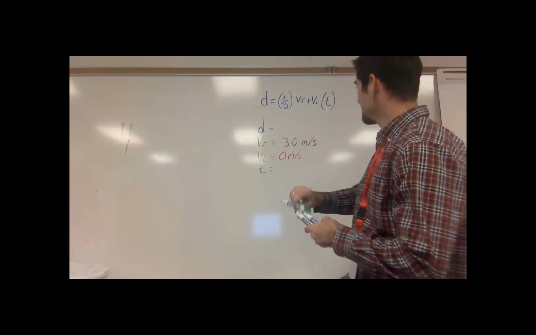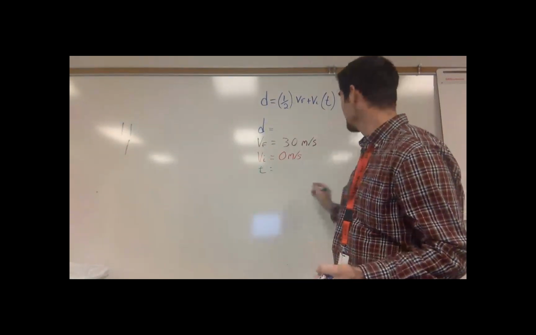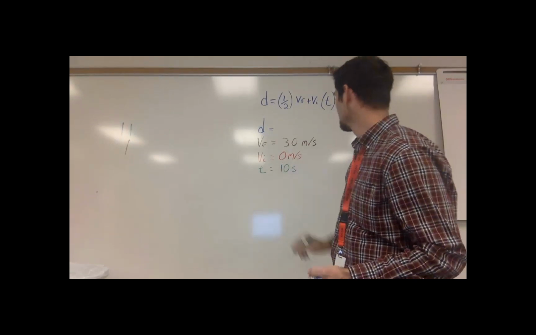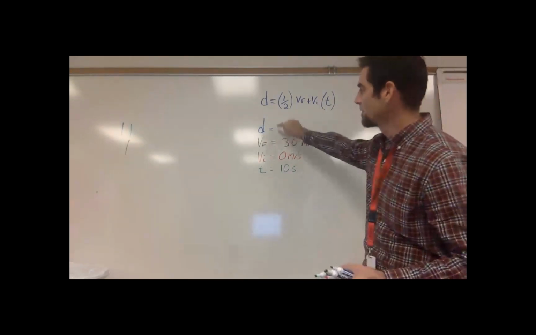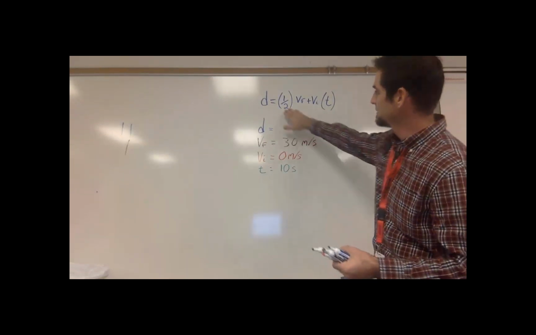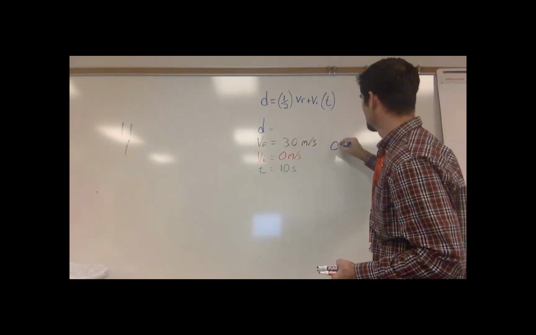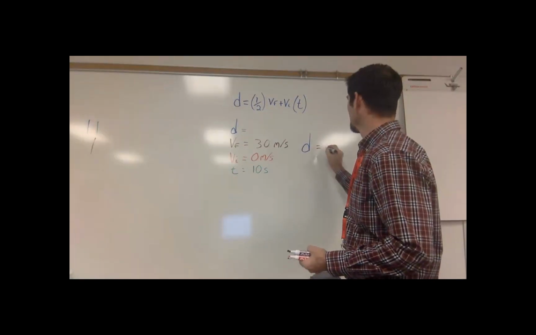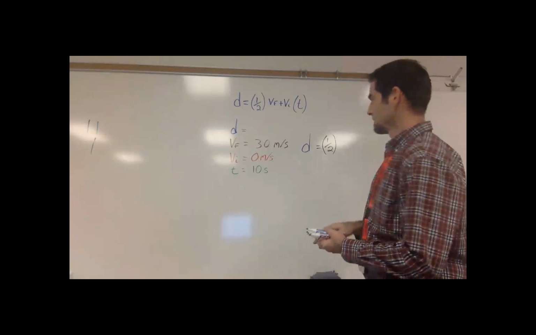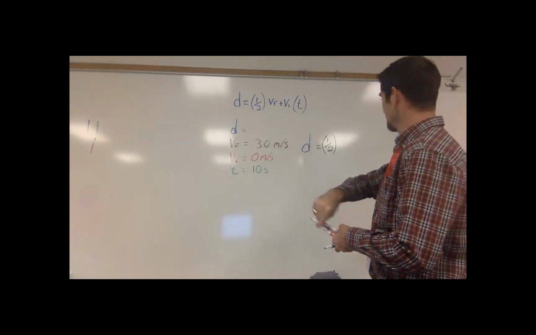Okay, and let's say t is 10 seconds. Okay, and we want to solve for distance. So we can now just plug these values into our equation here. Distance equals 1/2 times VF.